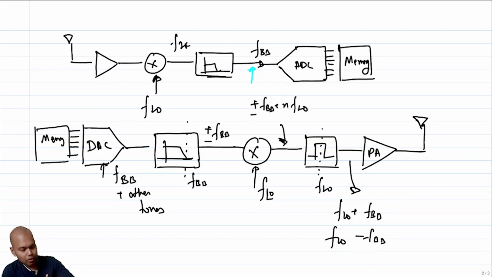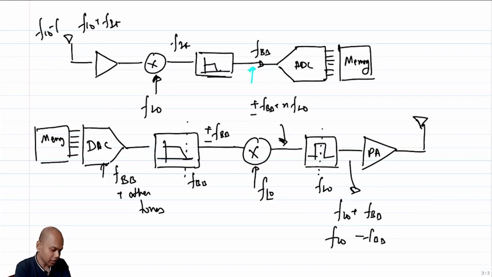So how did we tackle this problem on the receiver side? On the receiver side, we had FLO plus FIF and FLO minus FIF. We rejected one of them by putting in an IQ mixer. So here in the transmitter side, we'll prevent the generation of one of them by putting in an IQ mixer, right?